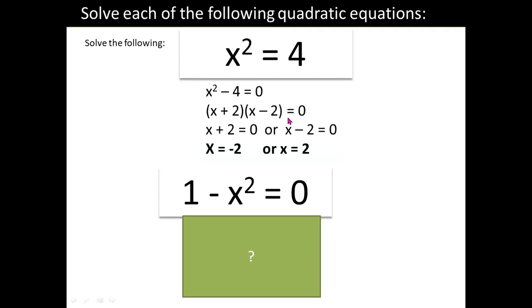Okay, so there you are. Take note, we follow the standard format and it should equal 0, because that is the standard format for a quadratic equation. That is why I said we transpose 4 to the left-hand side. So this is now our equation: x squared minus 4 equals 0.